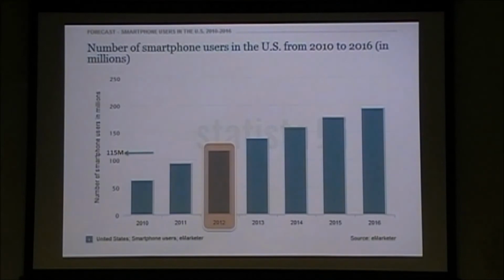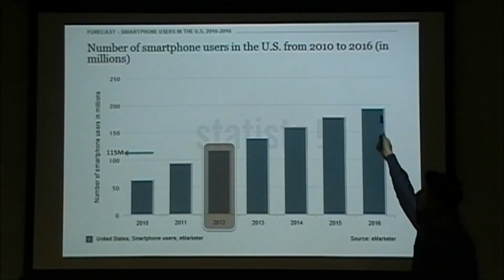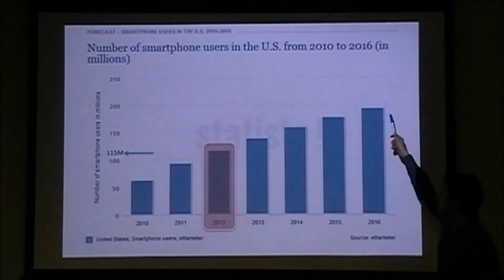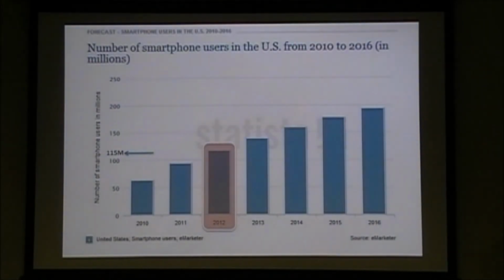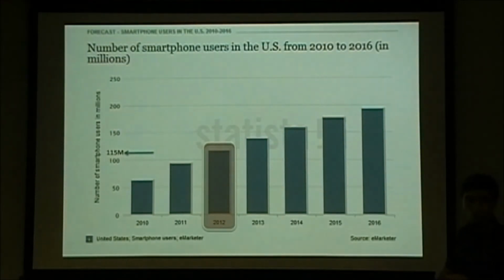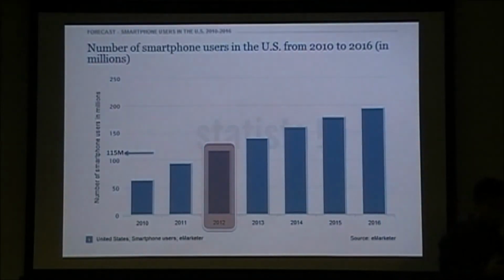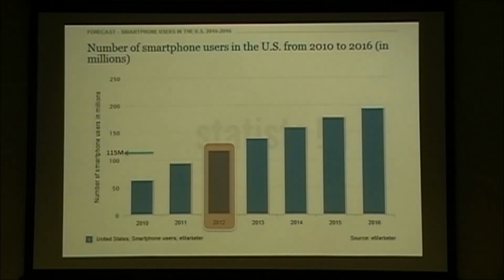So our users are growing, and they expected that by 2016 it was going to reach 200 million. So we kind of have a feeling that computers are kind of fading away, and all the users are going into mobile devices. So I guess that's a really good way of defining the importance of mobile applications, and the fact that if you want to make an application and you're targeting users, it's better to make a mobile version of it.